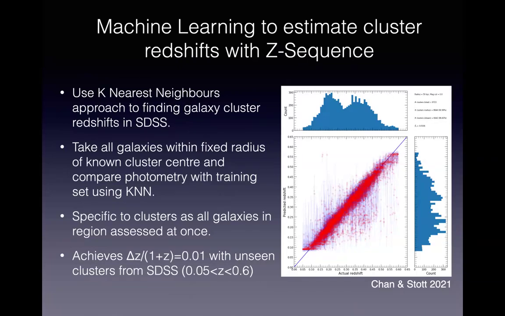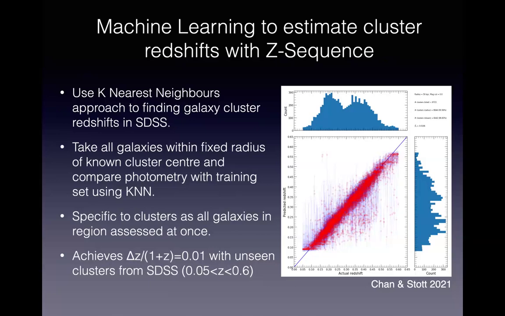But basically we're seeing a very successful correlation. This takes all galaxies within a fixed radius of a known cluster center and compares the photometry with a training set, without telling it anything about galaxy evolution, etc. So it's basically a redshift encoder that essentially learns SED fitting itself, as it were.